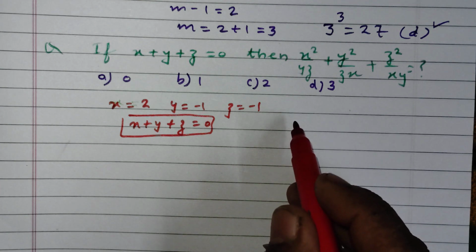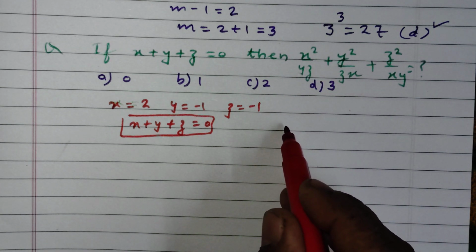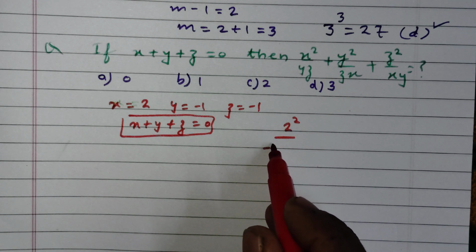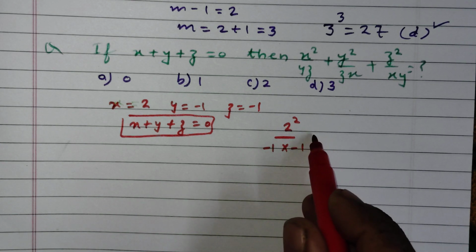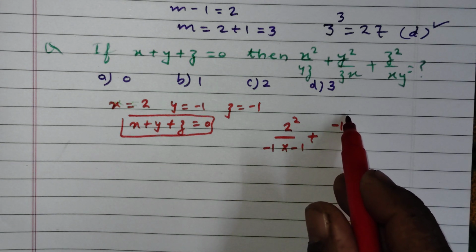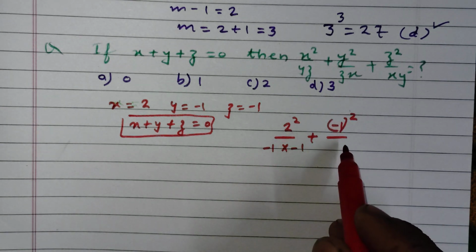Now plug in this value of x, y, z in this given expression. So x square, that means 2 square upon y into z. So y into z means -1 into -1, plus y square, that means -1 square upon z into x.